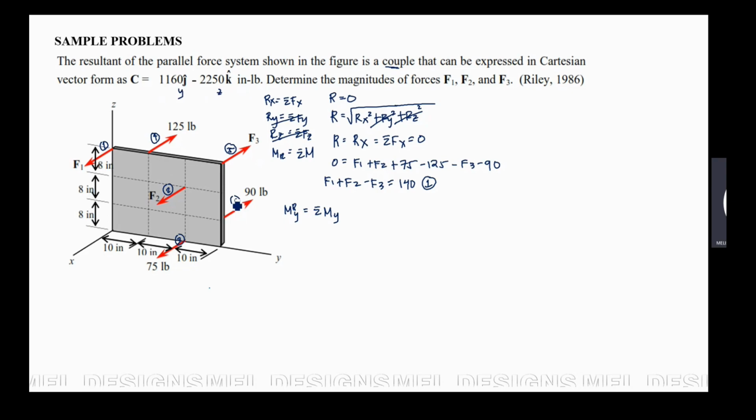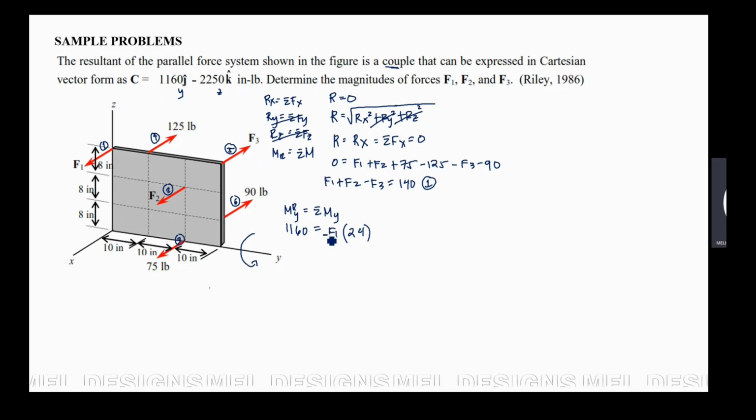Okay, so this is 160 and it is equal to, okay, anahin natin dito. So magmo-moment daw tayo dito sa y-axis. Therefore, we have F1. The moment arm is 8 times 3. 888. So we have 24. Okay, clockwise siya because if you will see dito sa y-axis, it will create a counterclockwise.